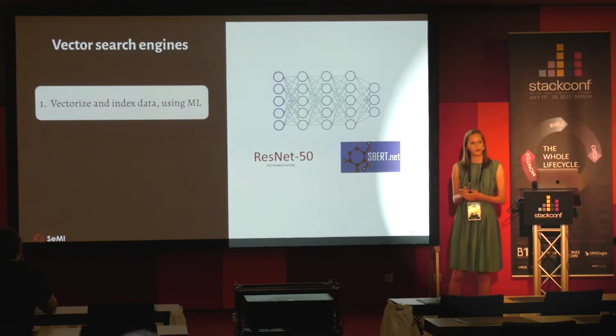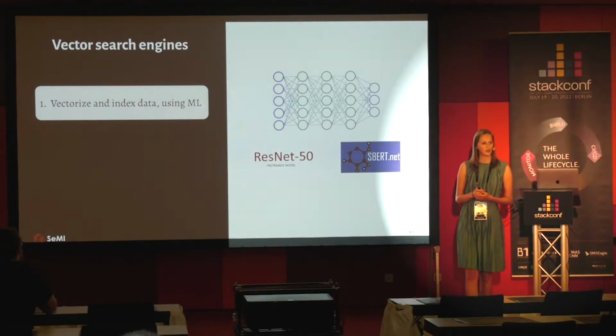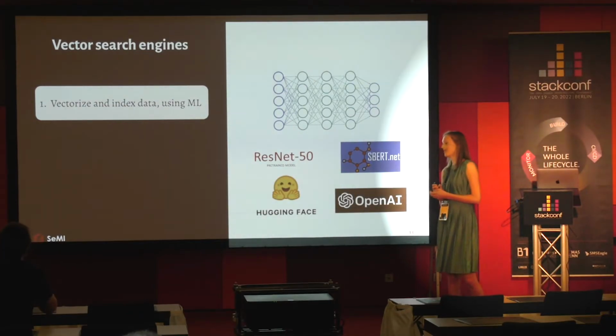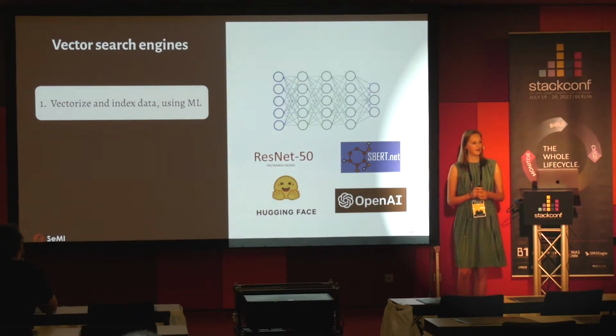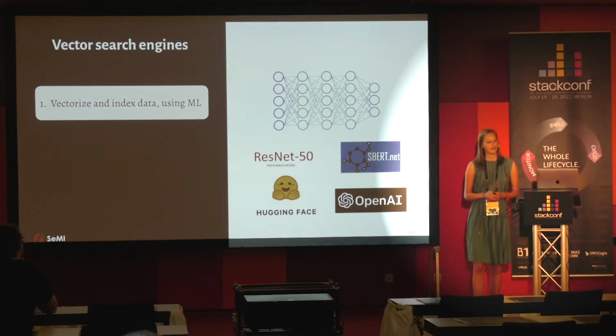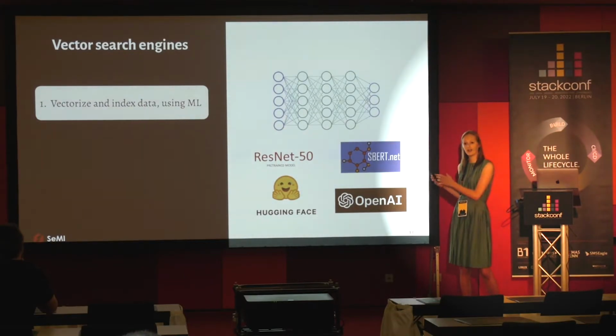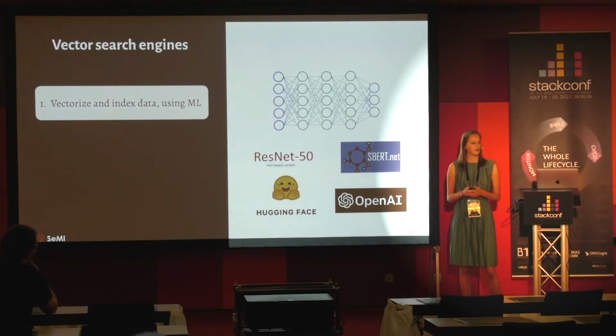Popular ones are BERT models or sentence BERT models for text, or ResNet 50 models for images. And luckily today we have platforms like Hugging Face and OpenAI that have pre-trained models available that we can use. So we can use any of these models or your own trained model to vectorize your data.